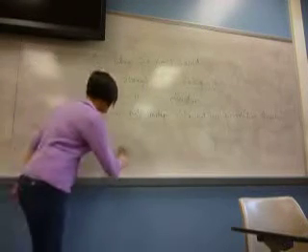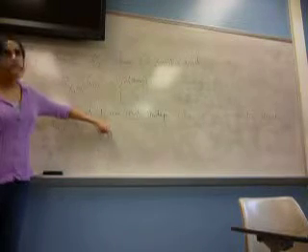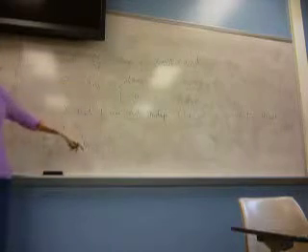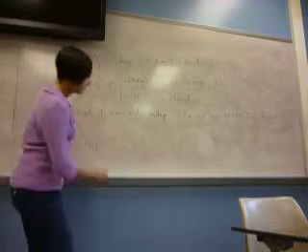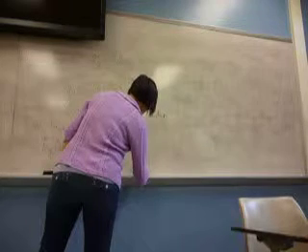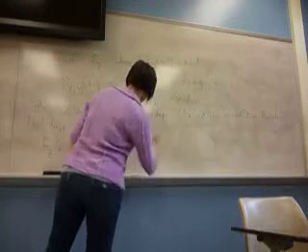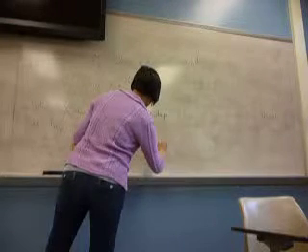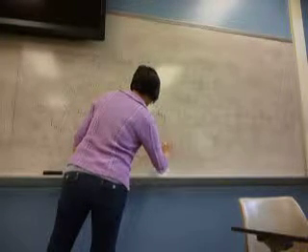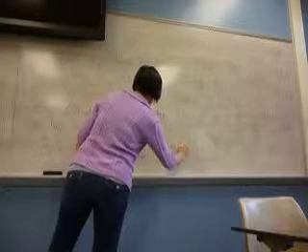I have the joint density function, so I just integrate it over the region x plus y less than or equal to z. Now you have to figure out the region over which to integrate.